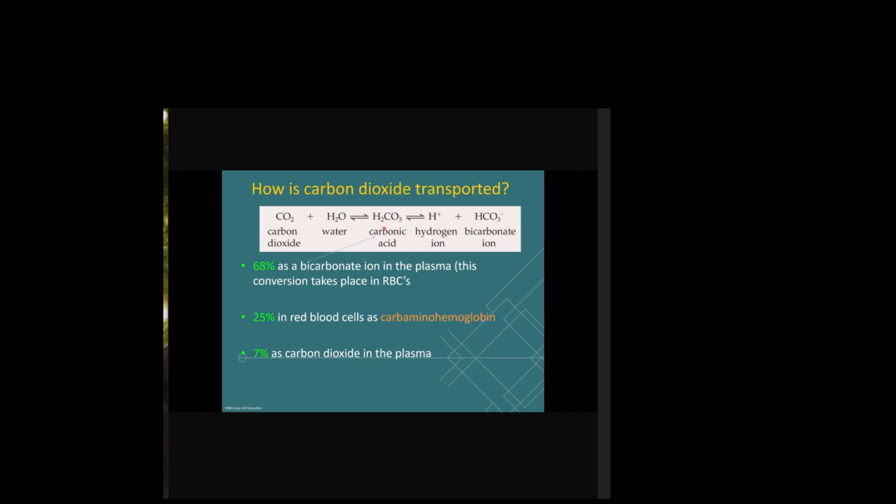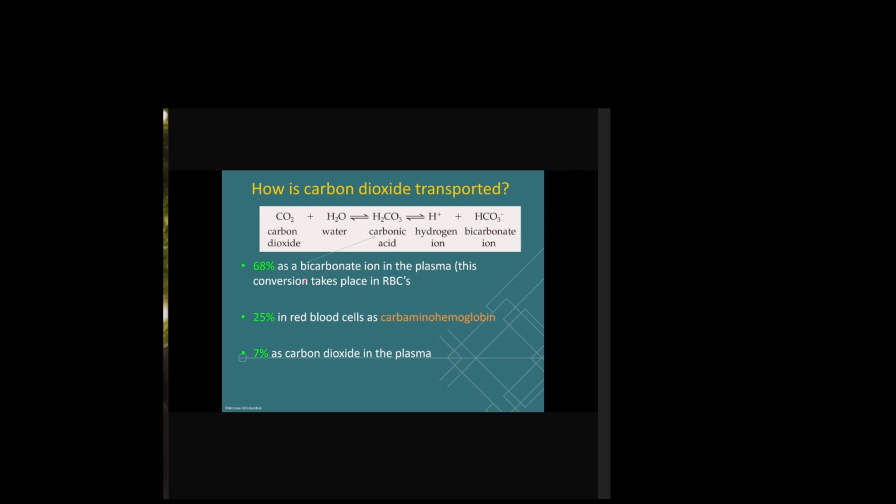So in our body, there's some constant change where carbonic acid is formed, and then the carbonic acid will break down. Sometimes it will break down to form this, and sometimes it will break down to form hydrogen and the bicarbonate ion.